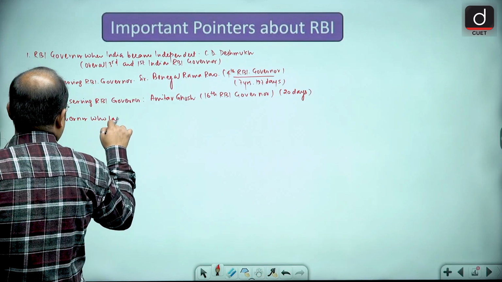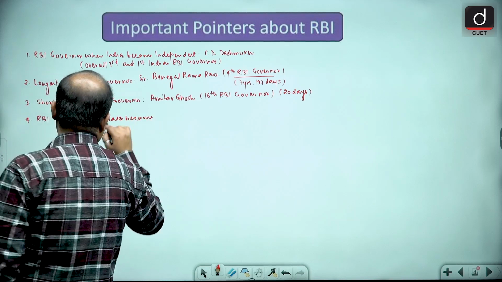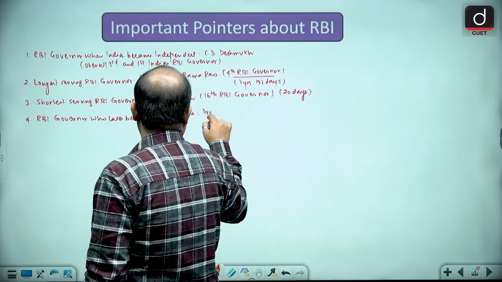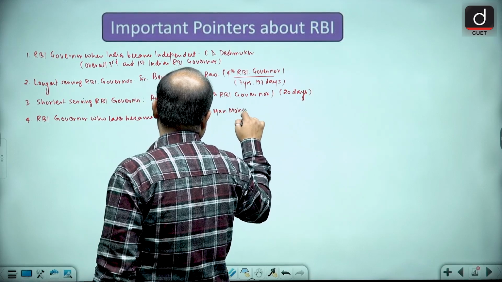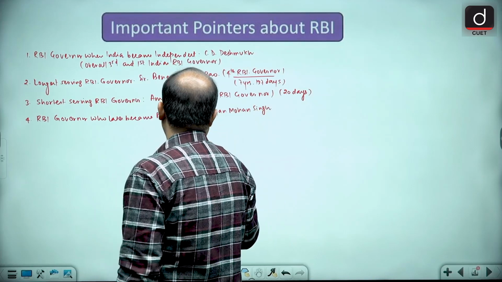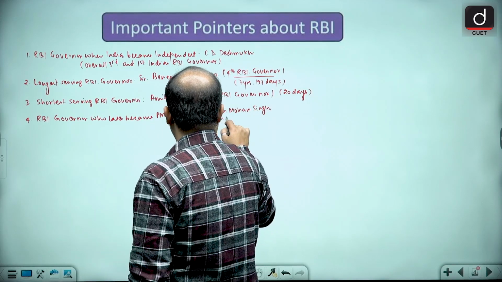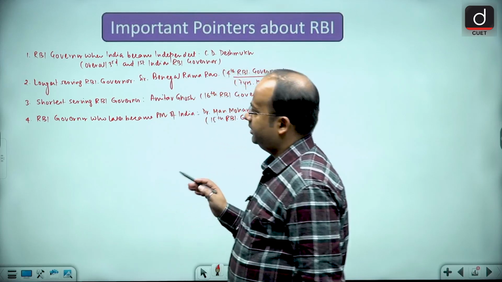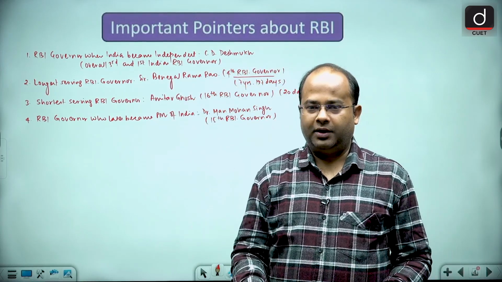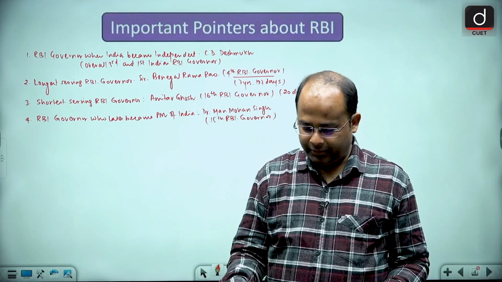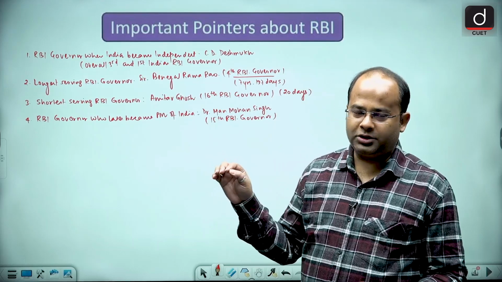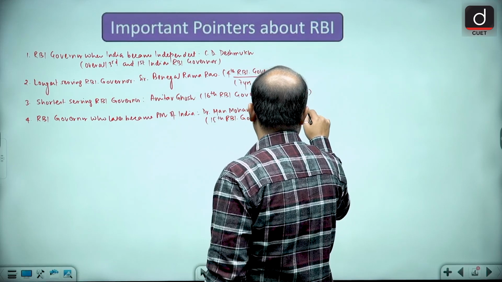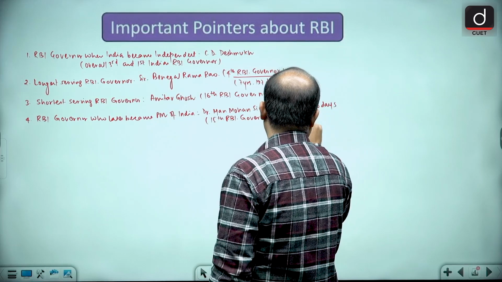Dr. Manmohan Singh was the former RBI governor who later became the Prime Minister of India, and he served for 2 years, 120 days as RBI governor.